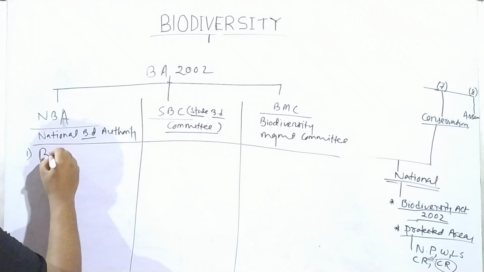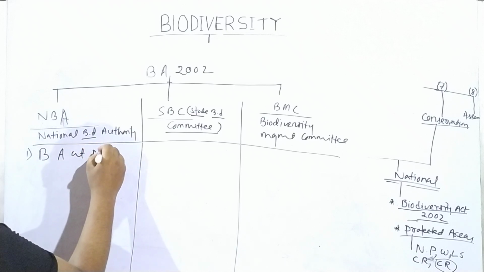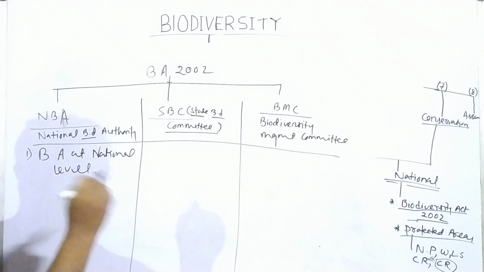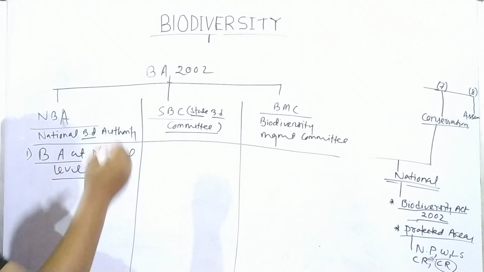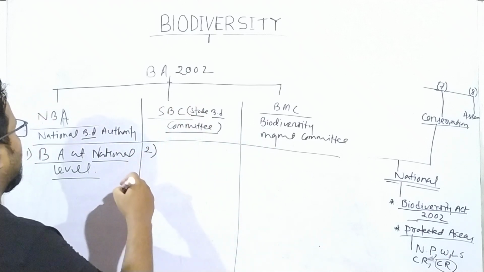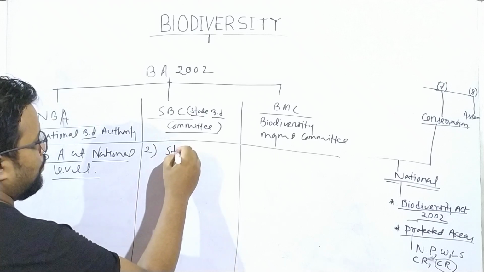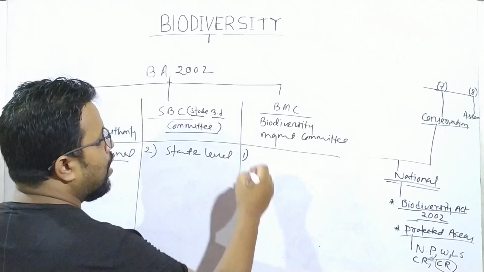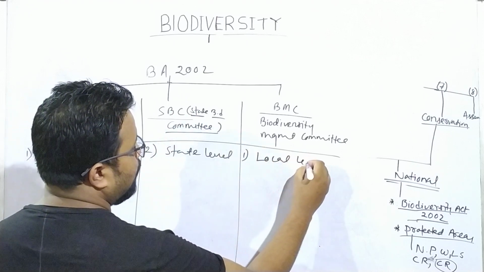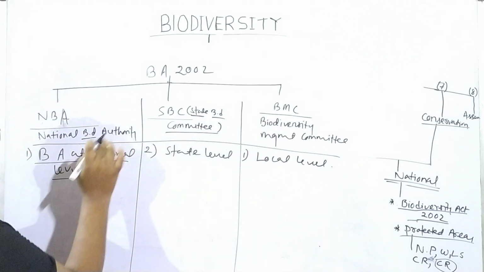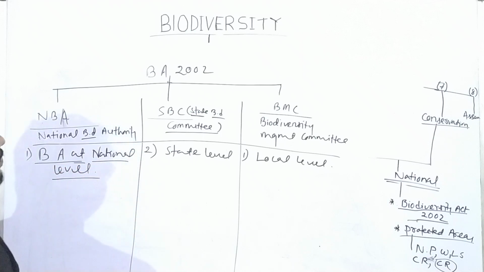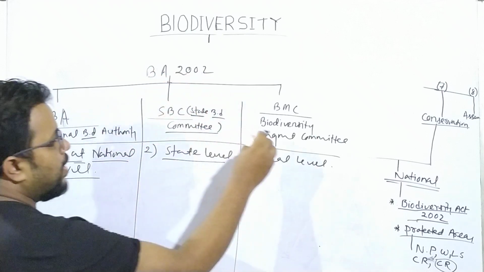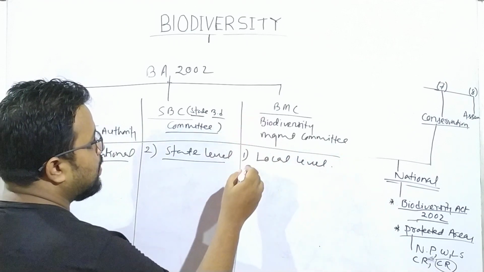What I am saying is, the National Biodiversity Authority implements the Biodiversity Act 2002 at the national level, the State Biodiversity Committee implements it at the state level, and the Biodiversity Management Committee implements the Biodiversity Act at the local level.